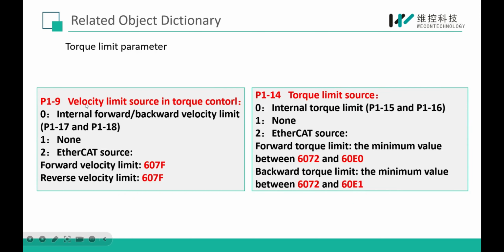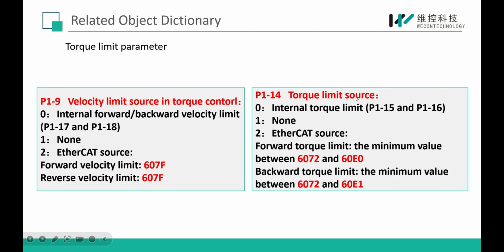Okay, for speed limit source in our VD3 we have different sources. 0 means internal limit, so we can use parameters P1-17 and P1-18 to set the speed limit. If we set this parameter as 2, it means our driver will use its external source, so we can use 607F to set our speed limit.